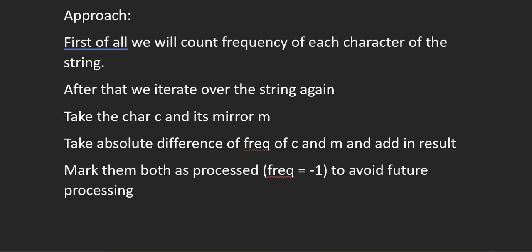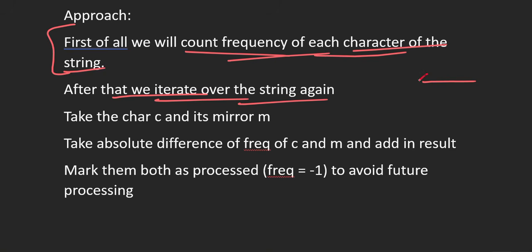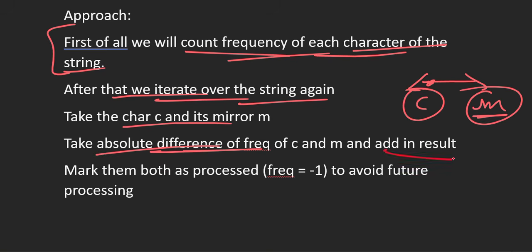We will first count the frequency of each character of the string, storing that frequency in a hash map. Then we iterate over the string again. Take a character C, find the mirror of that character, that is M, take the absolute difference of the frequency of C and the frequency of M and add that difference to the result.